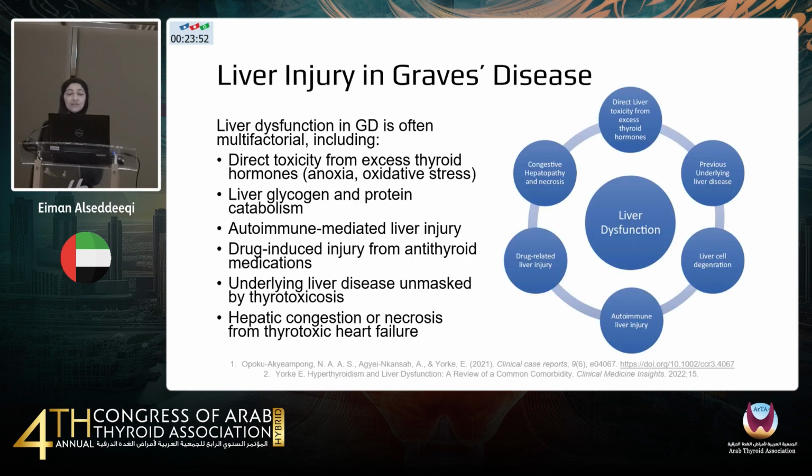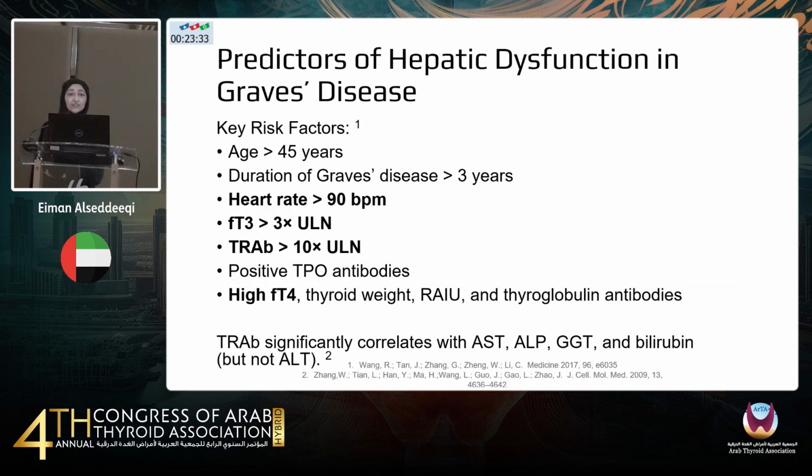So a bit of evidence on liver injury in Graves' disease. It results from the direct toxicity from excess thyroid hormones and also from the autoimmune mediated liver injury, the autoimmune process that's going on. Predictors of hepatic dysfunction in Graves' disease: age, if it was more than 45, prolonged duration of Graves' disease, a high cardiovascular output sign, and TRAB.